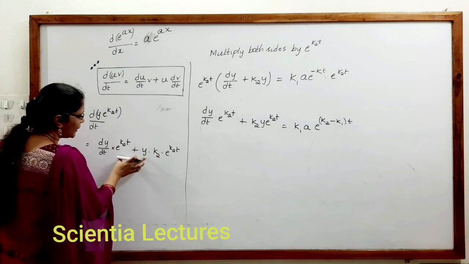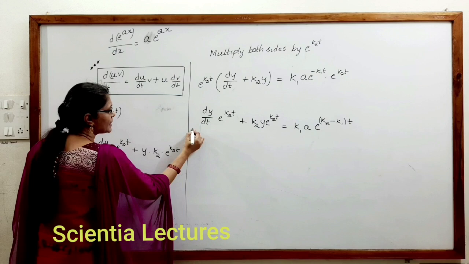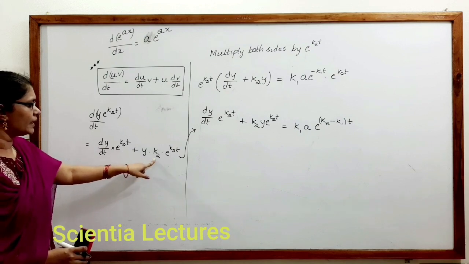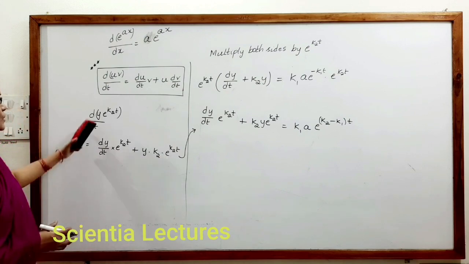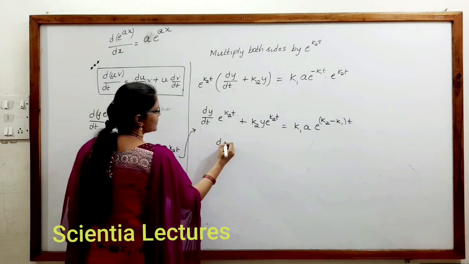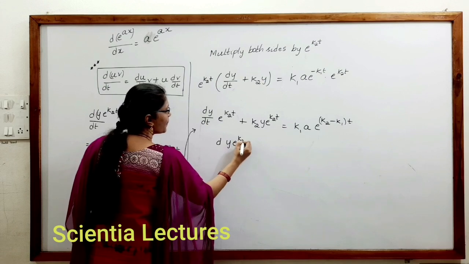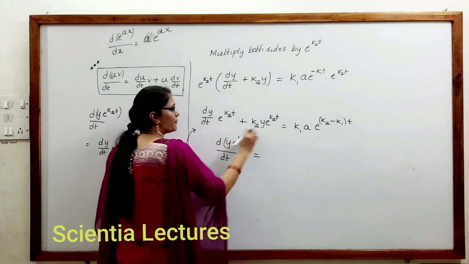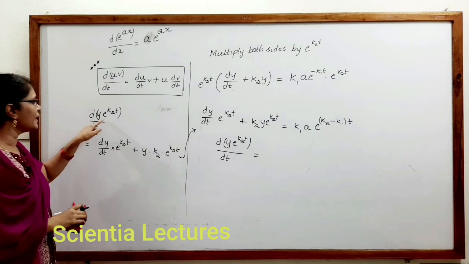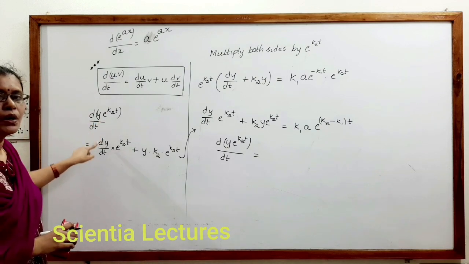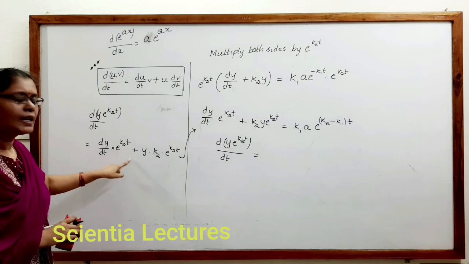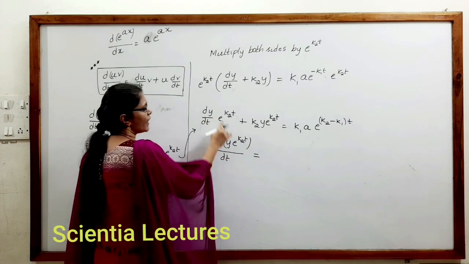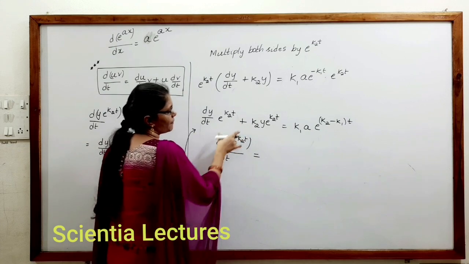If you observe this completely, you can compare this with the earlier expression. So the differential of y e^(k2t) by dt must be equal to dy/dt into e^(k2t) plus y into k2 into e^(k2t).